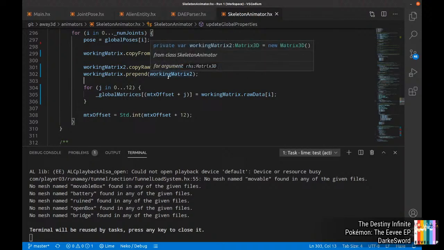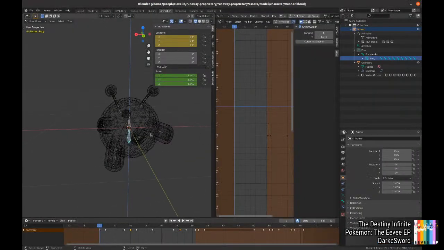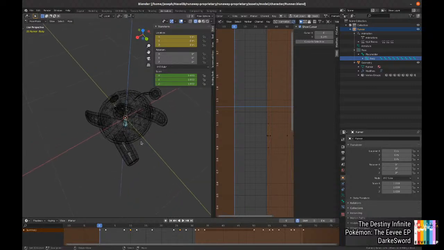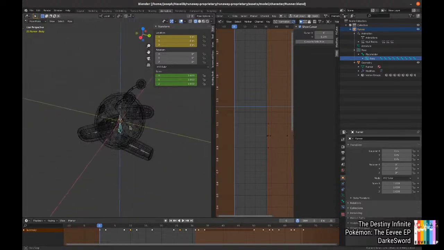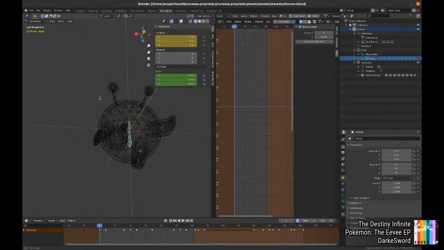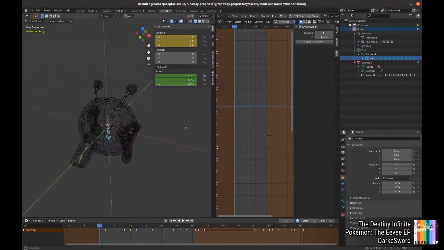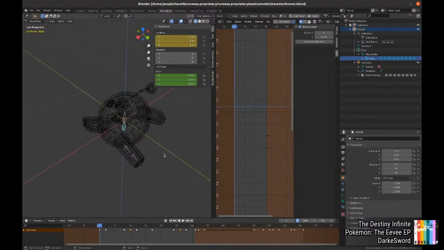Perhaps if I went back, I could get away with only scaling along the three main axes, and just find something else to do with the arms. I don't know.